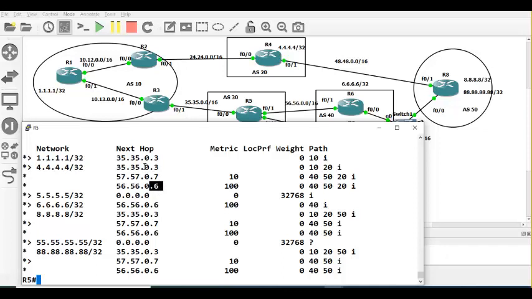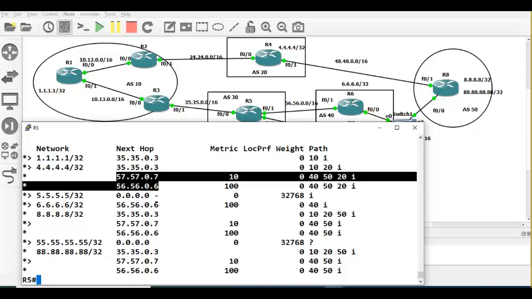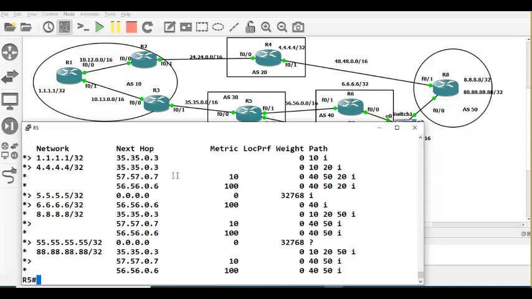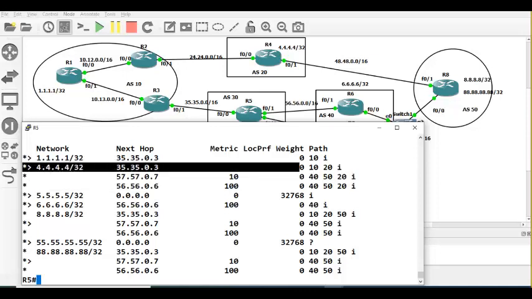And router 5 has found going via router 3 is feasible, less safe. That is the reason why router 5 did not advertise about these two networks. It didn't even advertise. Router 3 will receive only what is best of router 5. Router 5 has advertised only about this.